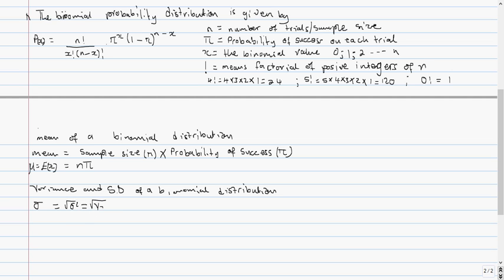We know this, that standard deviation is always root of variance. Okay, and this is root of n, which is number of trials, times pi, which is probability of success, times 1 minus pi, which is effectively probability of failure. And then if you root this, you get the standard deviation, which means if it is not rooted, you are getting the variance.